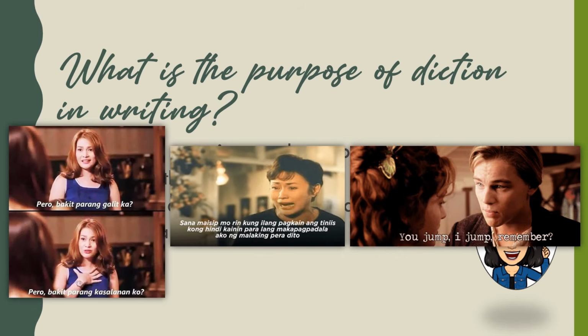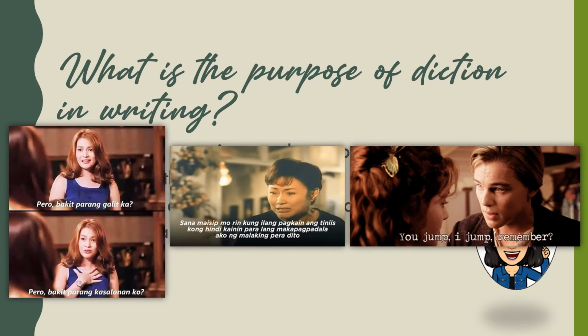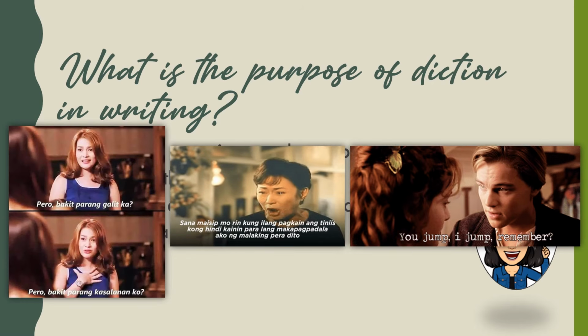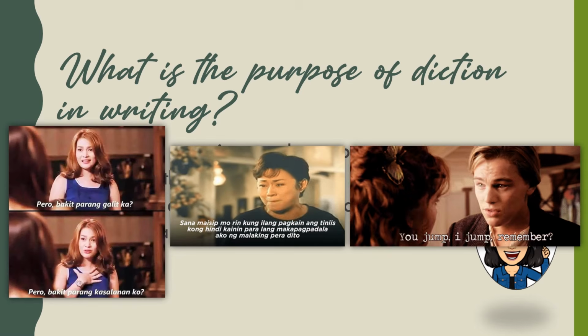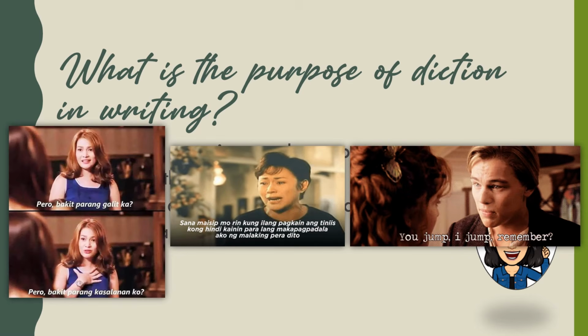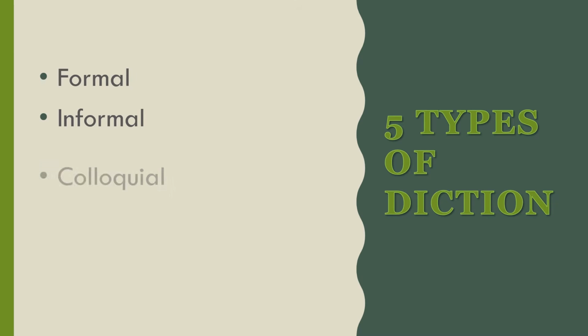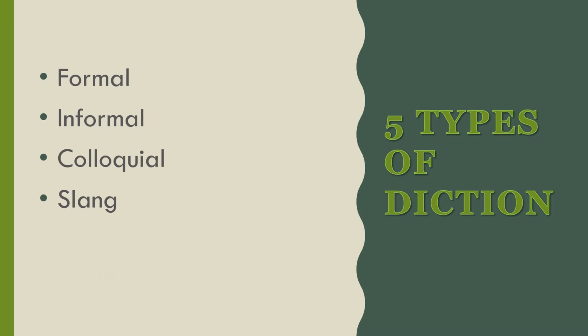So choosing an appropriate diction really makes any writing more relatable and interesting. So if you will be writing your own story, what type of diction would you use? Here are the 5 types of diction. We have formal, informal, colloquial, slang, and poetic.